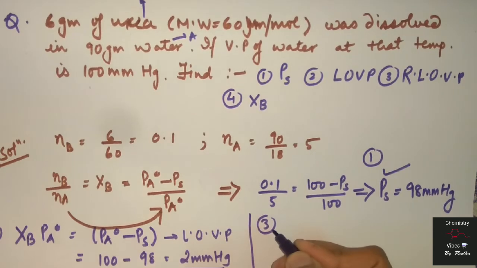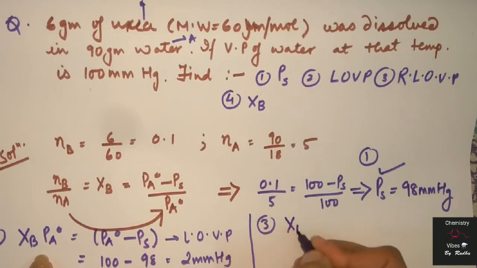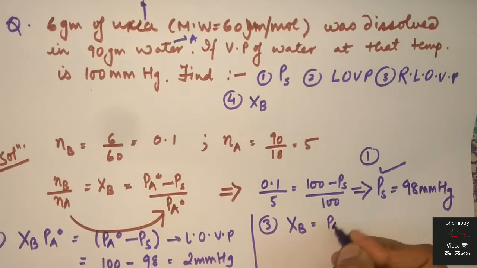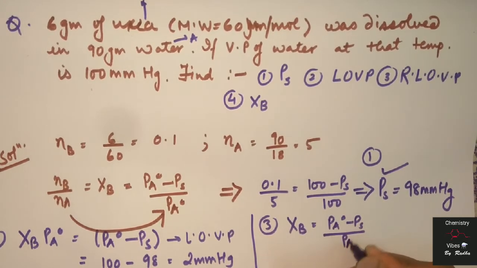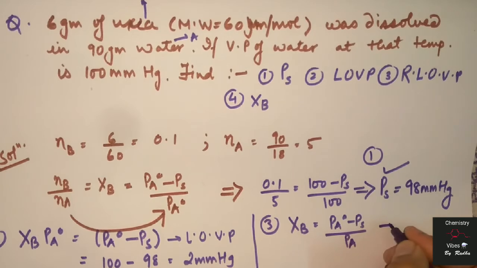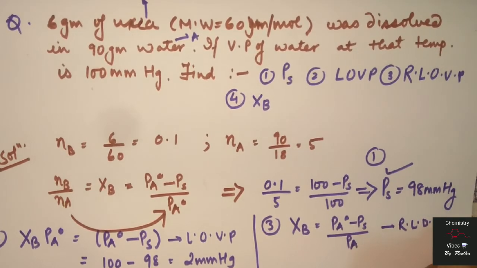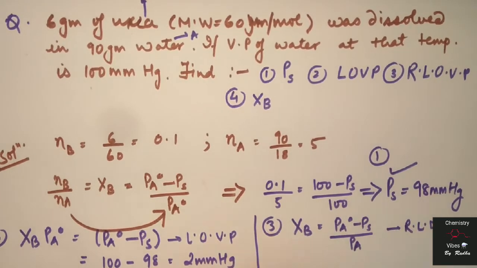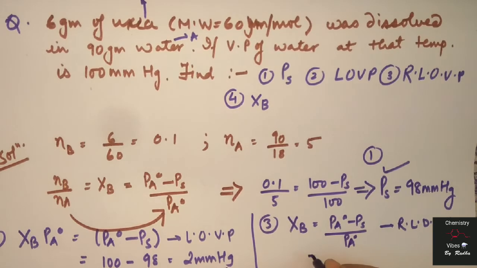Third, relative lowering of vapor pressure, just divide this by Pa naught. Xb was equal to Pa naught minus Ps upon Pa naught. This was the relative lowering of vapor pressure formula. Relative, because you are comparing it with the original pressure of the pure solvent.